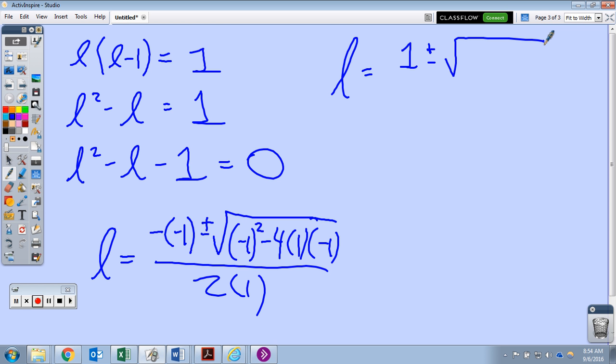That's not what I got. Anyone else get anything different? No, it's 5. So you have to be careful here. We have -1 squared, which is +1, minus -4. So 1 minus -4 is 5, so be careful with that. All over 2.